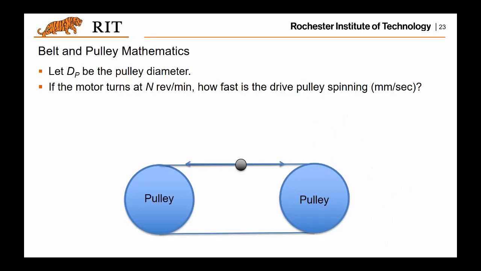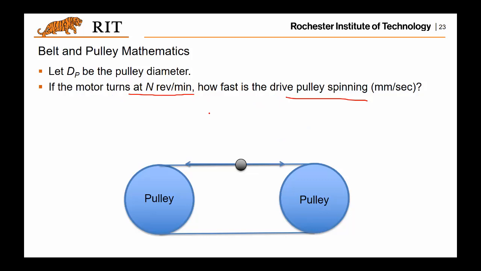So knowing these two, knowing the revolution of the motor, and knowing the relationship between the rotation of the pulley and the motor, you could come up with the speed of the pulley spinning, right?